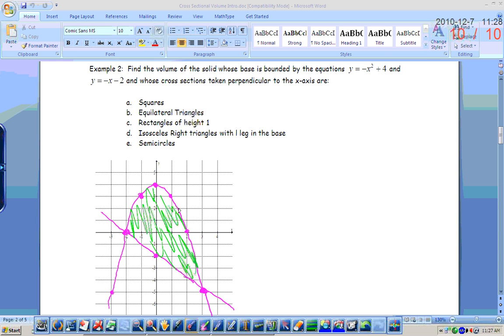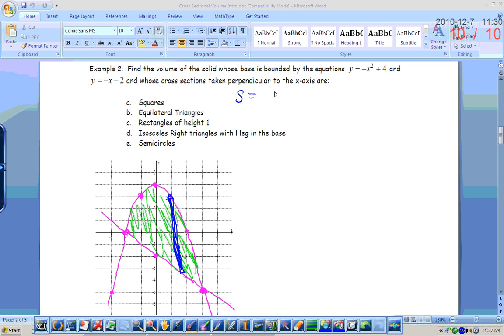And my cross sections are going to be taken perpendicular to the x-axis. All right, so the way that you do this is that you integrate the area of whatever figure you're talking about. When you do this, my suggestion is always to figure out what s is. And s is always the length of the rectangle. It's always going to be top curve minus bottom curve for vertical rectangles.